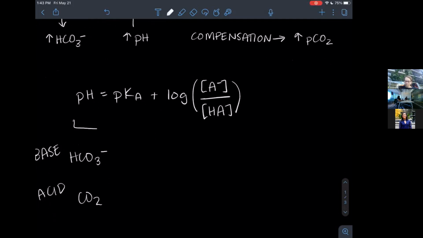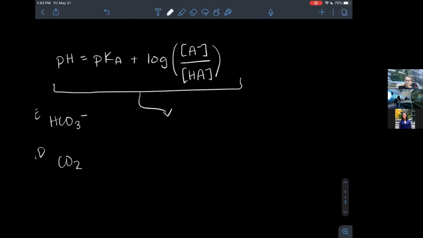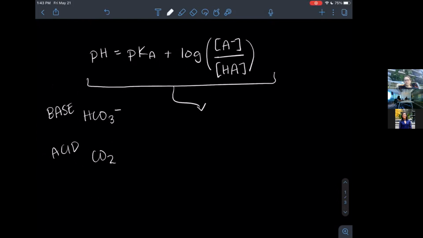So if we take this Henderson-Hasselbalch formula and look at it for bicarb, we know some things.